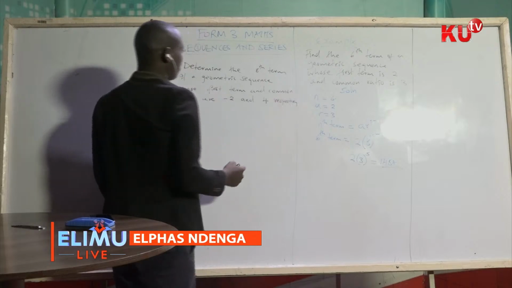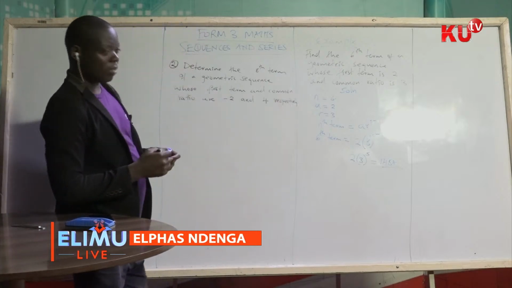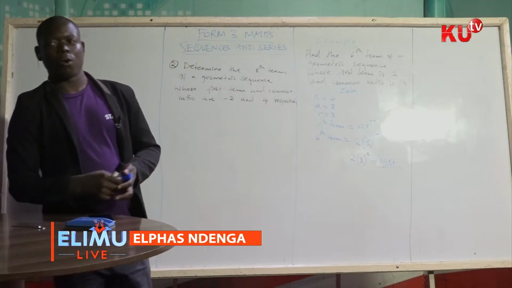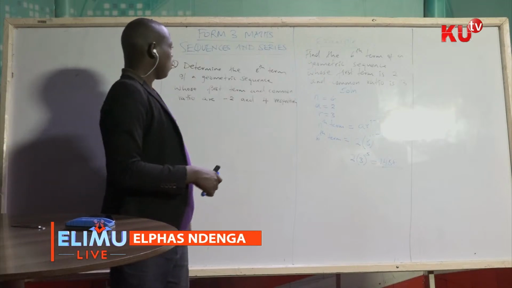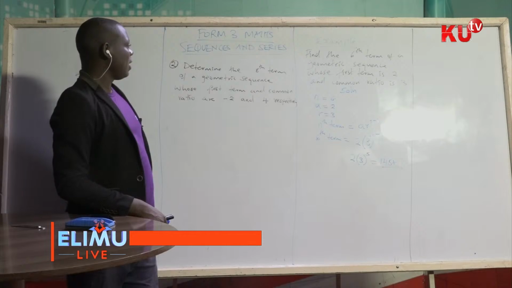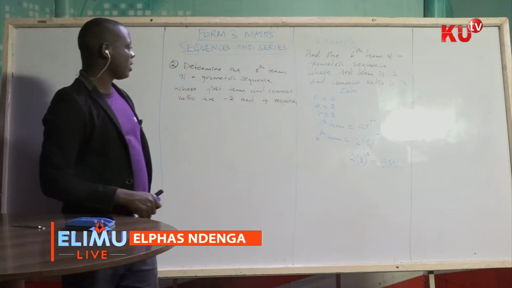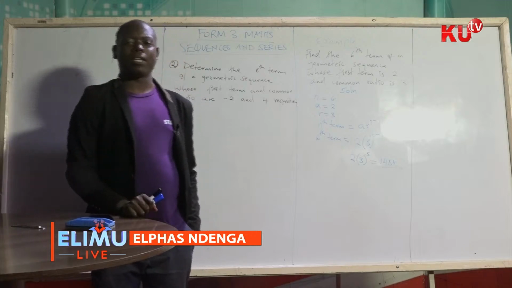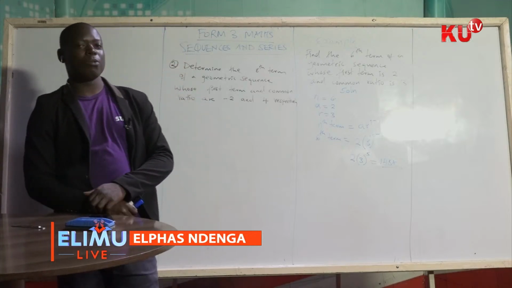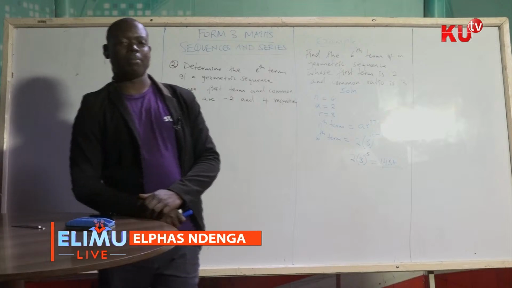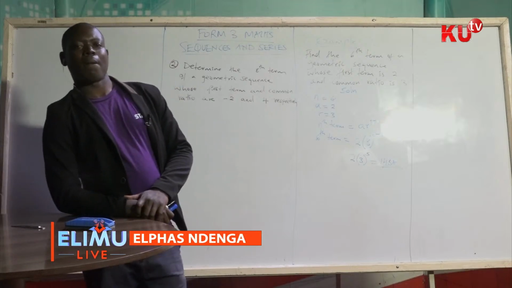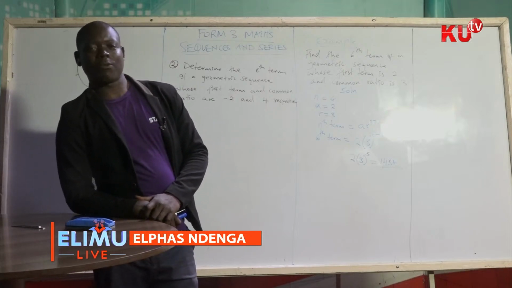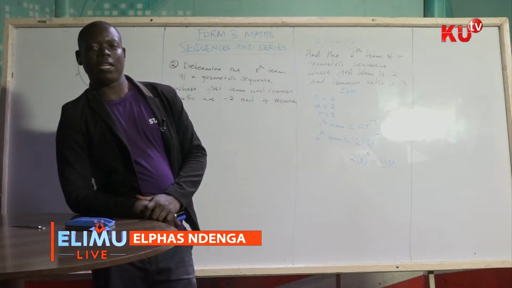We determine the eighth term of a geometric sequence whose first term and the common ratio are -2 and 4 respectively. That is the question.